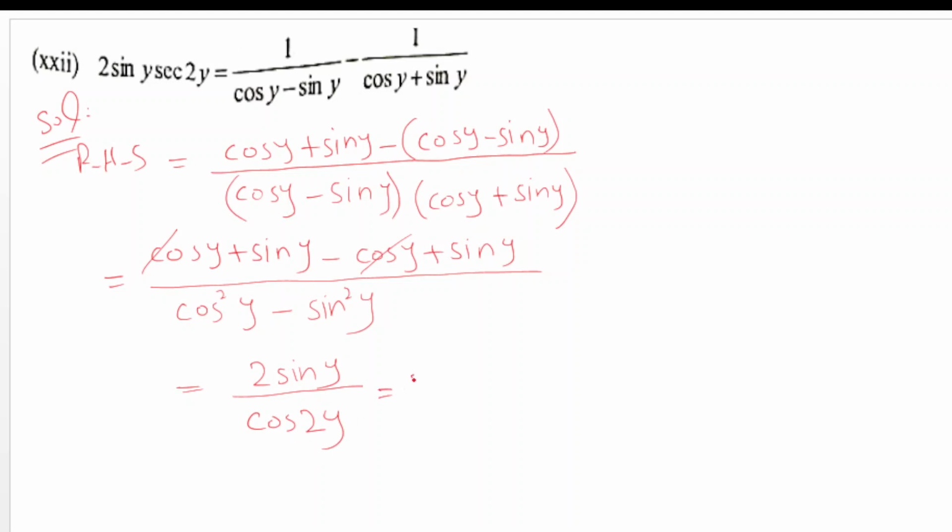I already told this formula in my previous lecture. So let me write 1 over cos 2y and then 2 sine y. 1 over cos means secant 2y. Cos is basically the inverse of secant. So that's going to be left hand side.